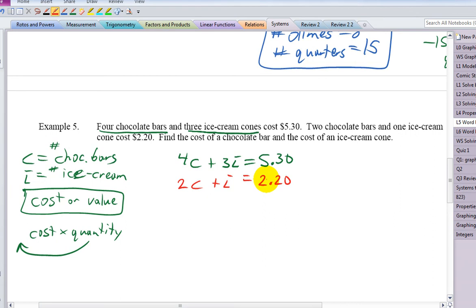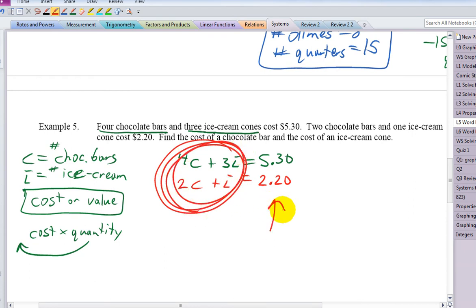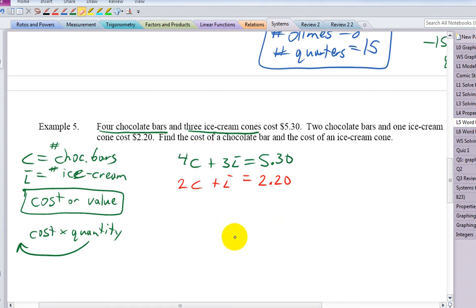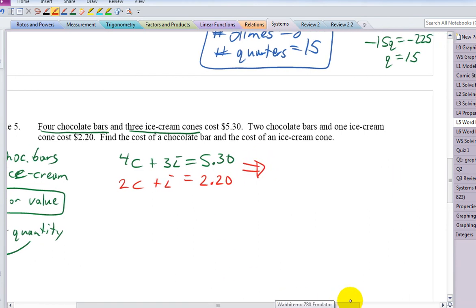Do you want to get rid of these decimals? Not really. You know why? Because you don't have decimals over on this side. So I wouldn't really worry about those ones. You could, but you don't need to. Okay? Good. Get your equations so that they can cancel out the c's. So get your c's the same.